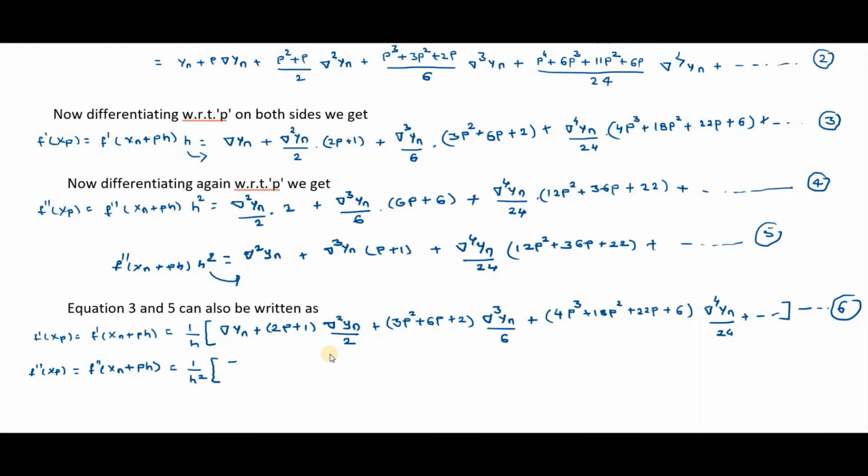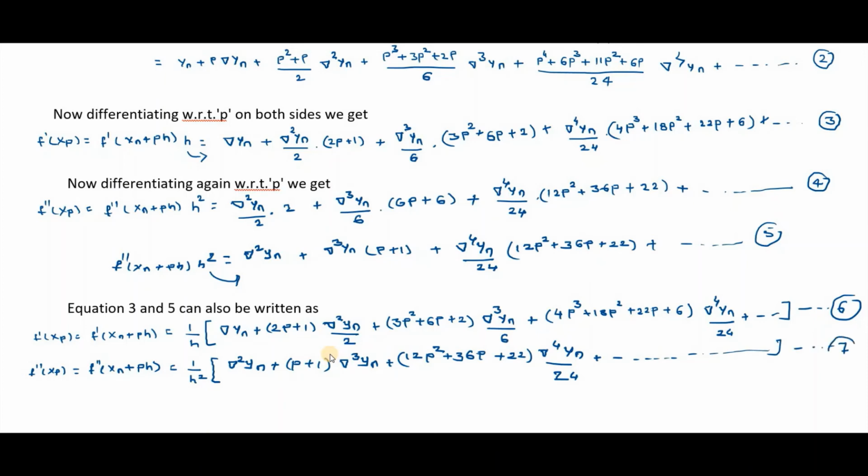The remaining terms are del square yn plus p plus 1 into del cube yn plus 12p square plus 36p plus 22, bracket complete, del raised to 4 yn divided by 24, or you can also write it as 4 factorial, plus and so on, and say this is equation number 7.